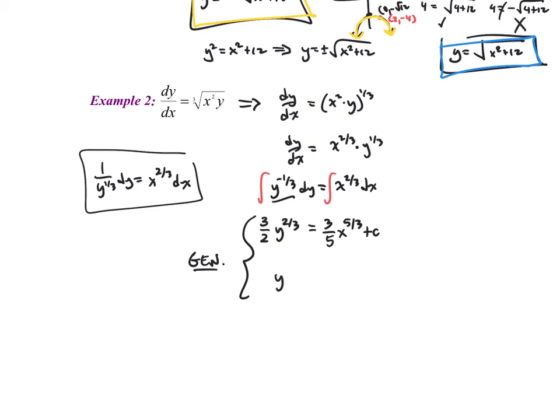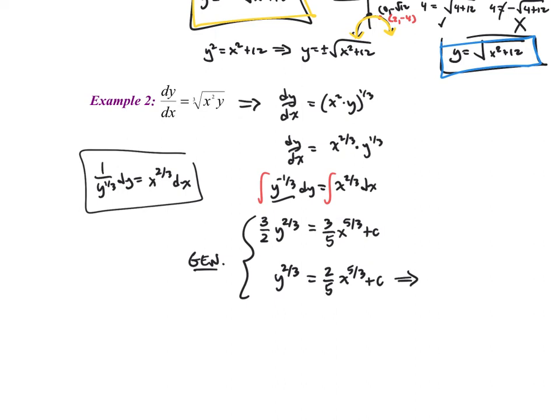I would likely write this as y to the 2/3 is equal to 2/5, right? If I multiply both sides by 2/3, I would get 2/5 x to the 5/3 plus c. And if you take it just a tad further, raising both sides of this equation to the 3/2 power, be careful please.